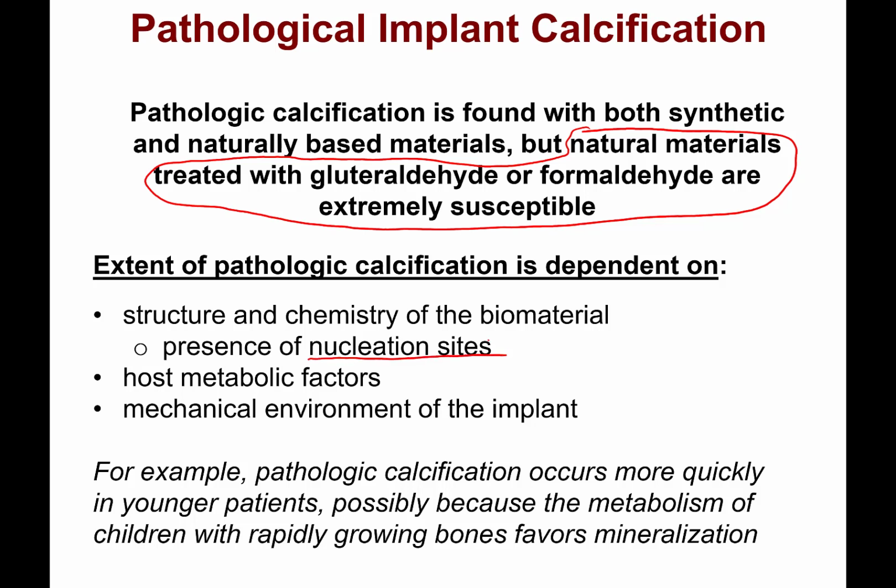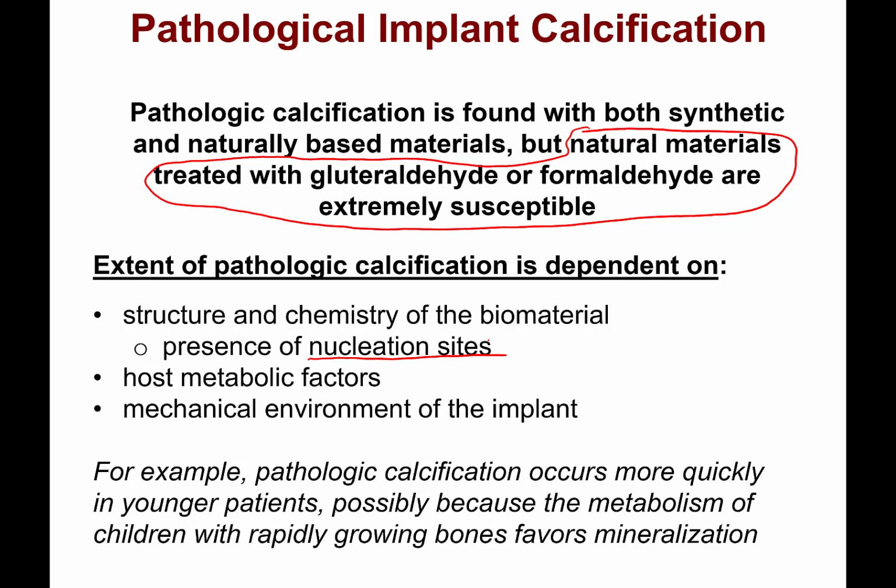That plays a role in why natural materials are susceptible. Recall I said that collagen naturally templates mineralization in our bodies. So collagen can provide nucleation sites, but also those enzymes are important as well, and those can be present in residual concentrations in natural materials.